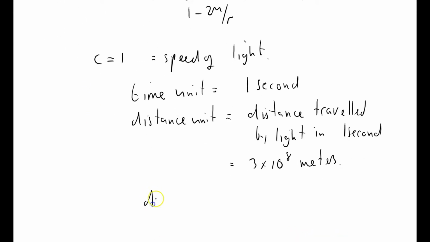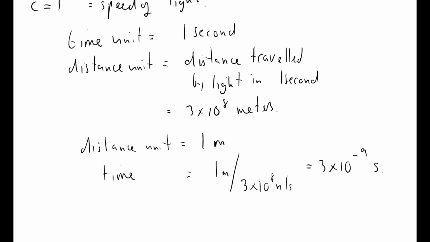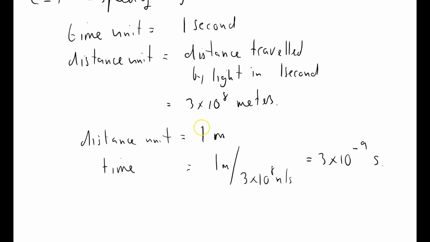Alternatively, we can choose our distance unit to be equal to 1 meter, in which case our time unit will be 1 meter divided by 3 times 10 to the 8 meters per second, which equals 3 times 10 to the minus 9 seconds. So if our distance unit is 1 meter, then our time unit is some tiny, by our standards, unit of time.